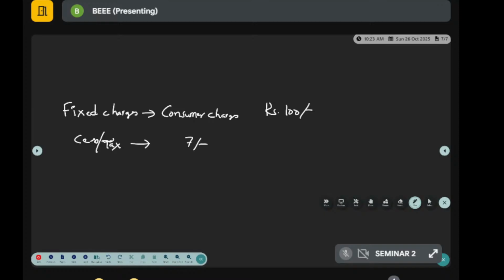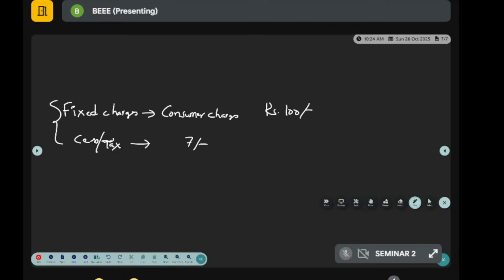So two more. In addition to the general consumption rupees, they will add these two more charges.